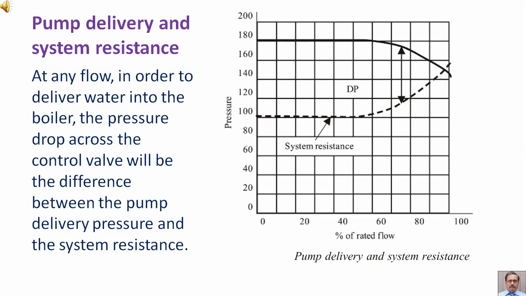At any flow, in order to deliver water into the boiler, the pressure drop across the control valve will be the difference between the pump delivery pressure and the system resistance.